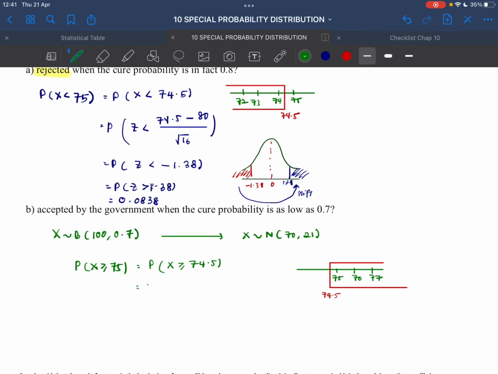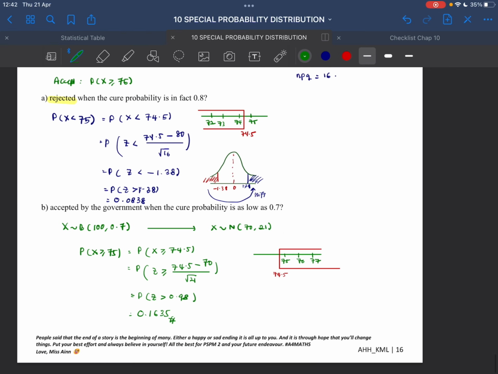And then change to standard normal distribution, Z greater than equals to 74.5 minus by the mean over by the standard deviation, square root 21. Here you should get the answer Z greater than 0.98. Since it is already greater, we can just straightforward look at your table and you'll find the answer 0.1635. The end of syllabus matriculation SM025 mathematics.